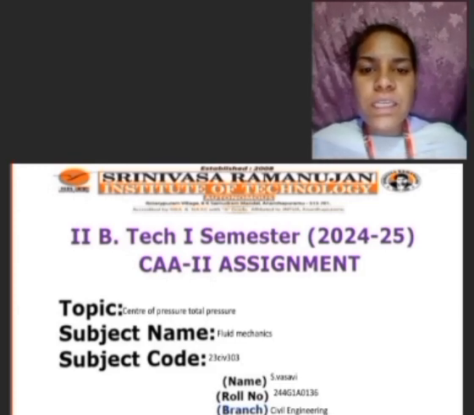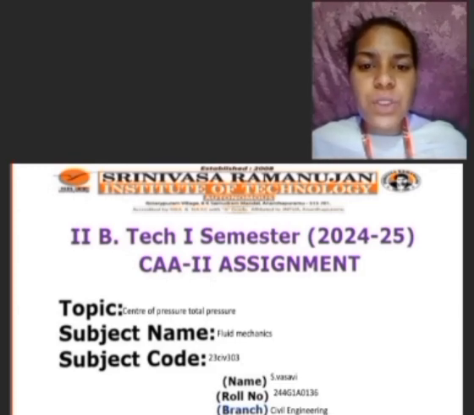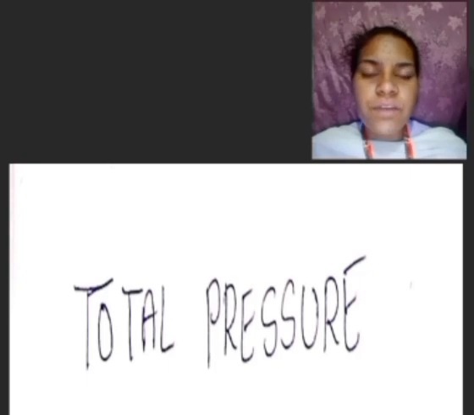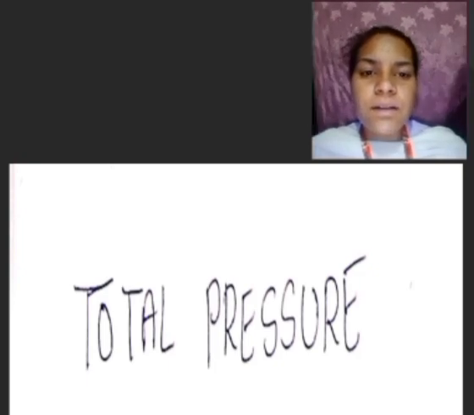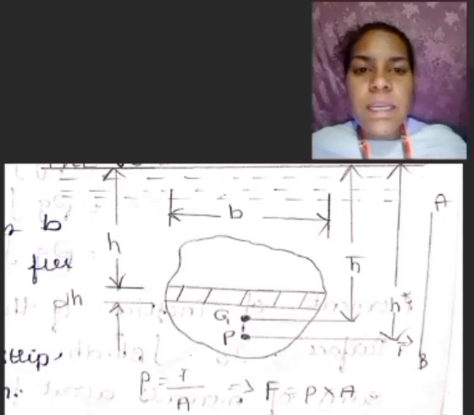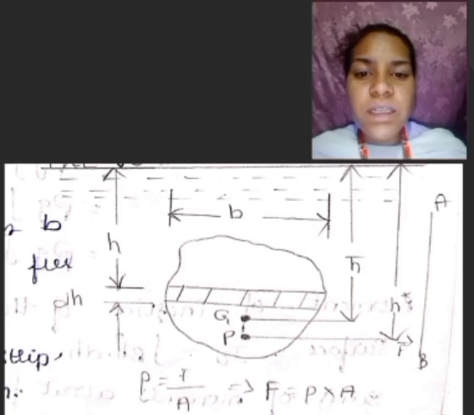Today my topic is center of pressure and total pressure. First, total pressure. In this diagram, we have to see the total pressure.